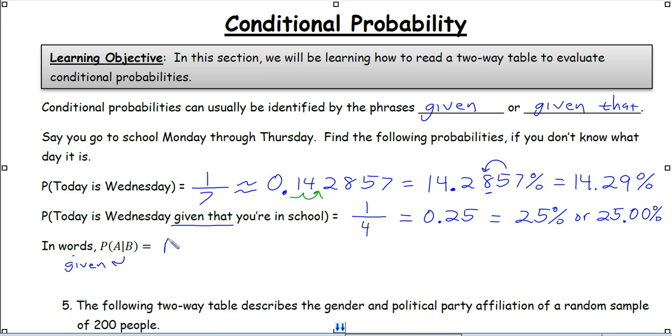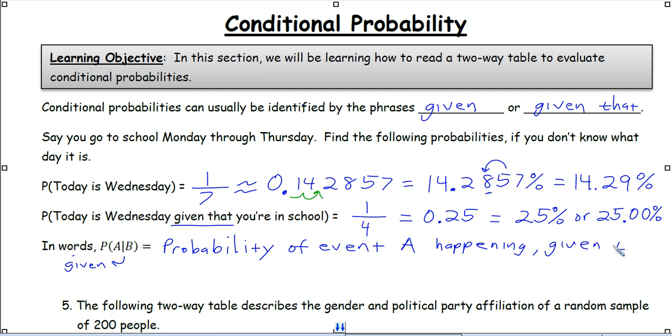So we can say that this is the probability of event A happening given that we know event B happens.